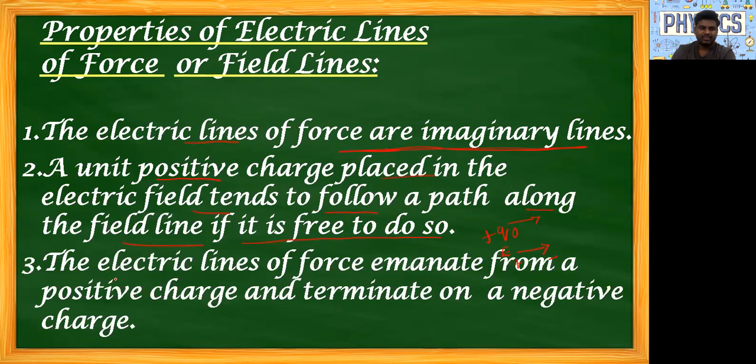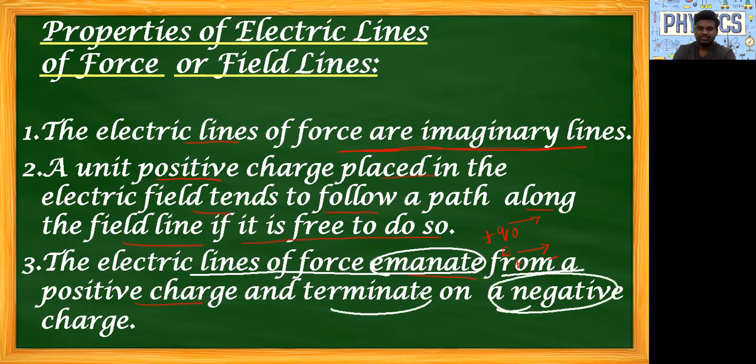Next, the third one: the electric lines of force emanate from a positive charge and terminate on a negative charge. Terminate on negative, emanate from positive.